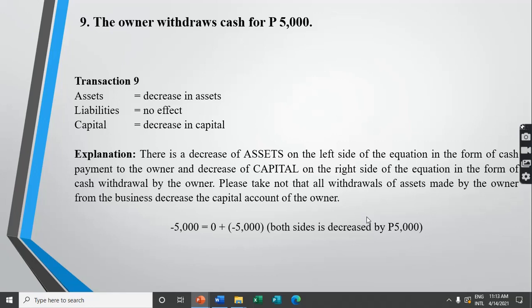Kaya nabawasan din yung capital niya for personal use kasi yun. Okay? So, both side decrease 5,000. So, please take note, ayan, that all withdrawals of assets made by the owner from the business decreases the capital account of the owner. Okay?